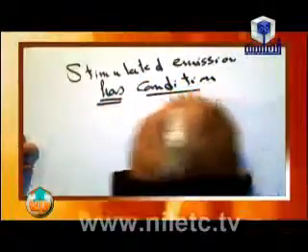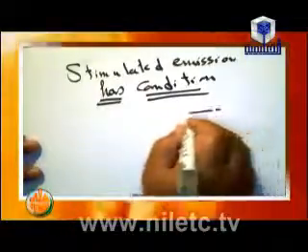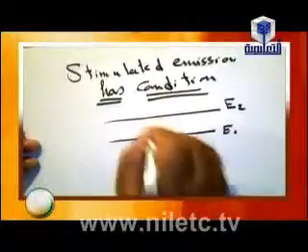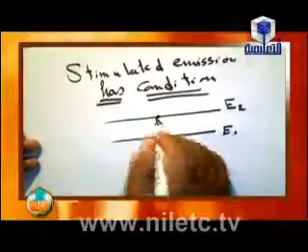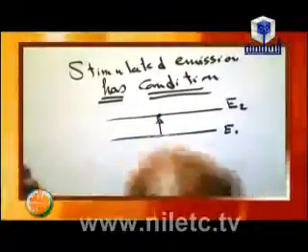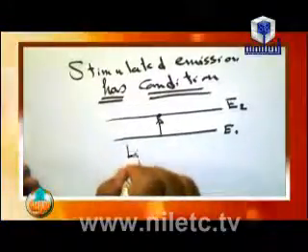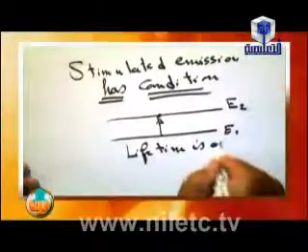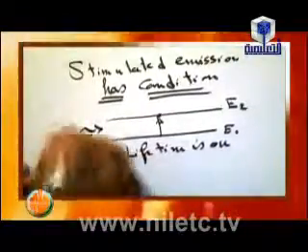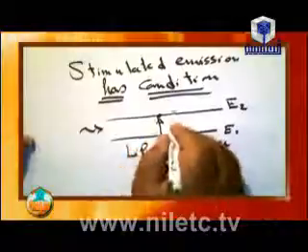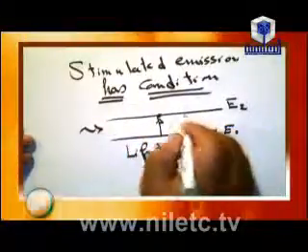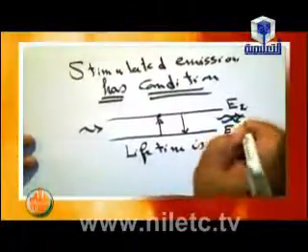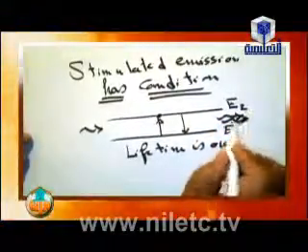The condition is the atom must be in an excited state, it means at E2. Before its lifetime is over, another external photon stimulates it to relax from E2 to E1, emitting 2 photons. This emission is called stimulated emission.